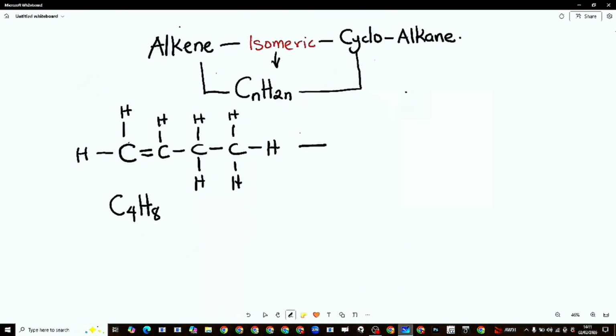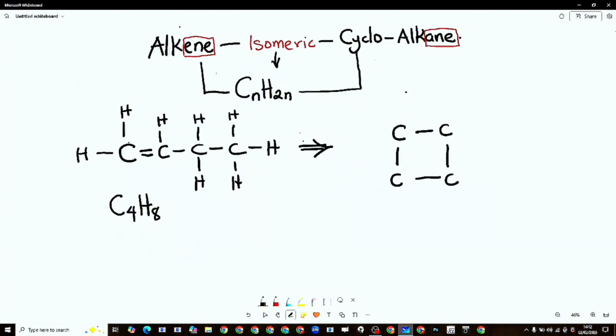If we compare this side by side to the cyclobutane, this guy is the alkene. The alkene is isomeric to the saturated cycloalkane, right? So this is the butene, for instance. The butene has the same formula as the cycloalkane. This is the cyclobutane, right?